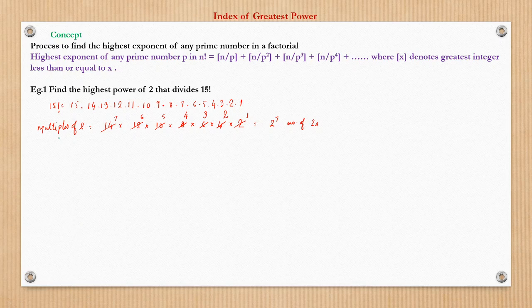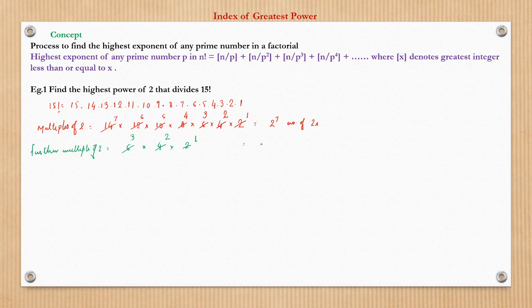Now, what remains? Further multiples of 2. See, 7 is not a multiple of 2. 6 is a multiple of 2, 4 is a multiple of 2, then 2 is a multiple of 2. So here also I can take out 1 two from here, another 2 from here, and another 2 from here.